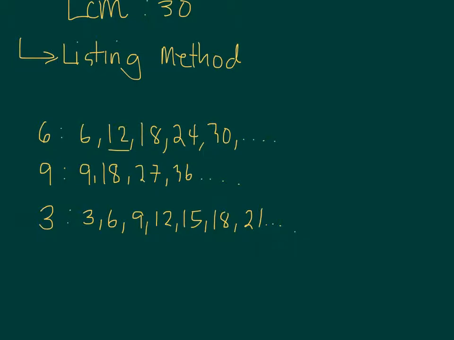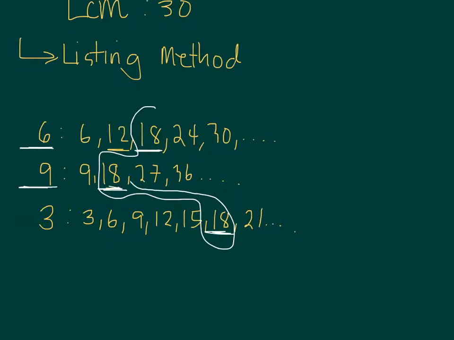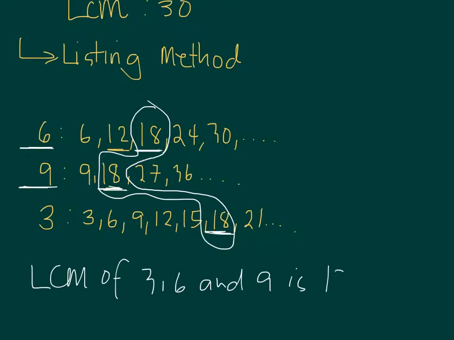Maybe 12, but there's no 12 here, so not 12. But 18, if you look at 18, 18 is present in the multiples of 6. It's also present in the multiples of 9. It's present in the multiples of 3. And that's the very first number that is common to the multiples. Hence, the LCM of 3, 6, and 9 is 18.